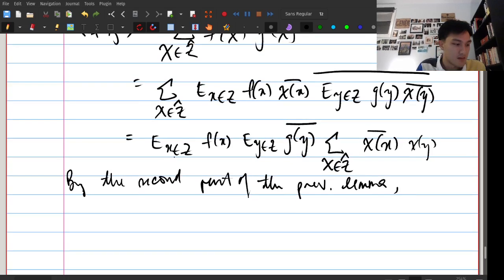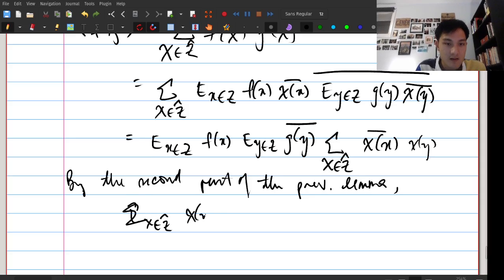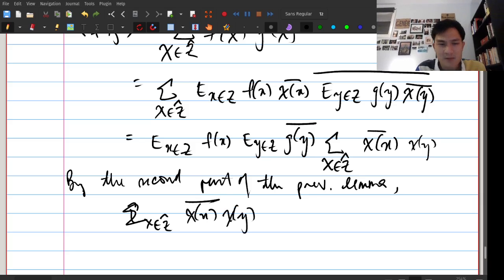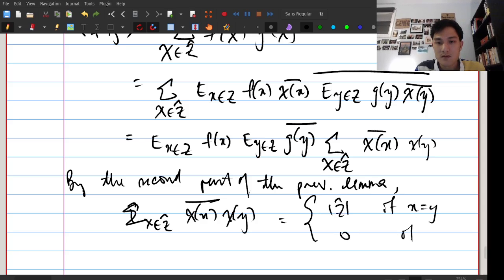Let's write that. The sum over all chi in Z hat of chi of x, chi of y, with chi of x barred. My notes, I think, are wrong. This is equal to the size of Z if x equals y and 0 otherwise.